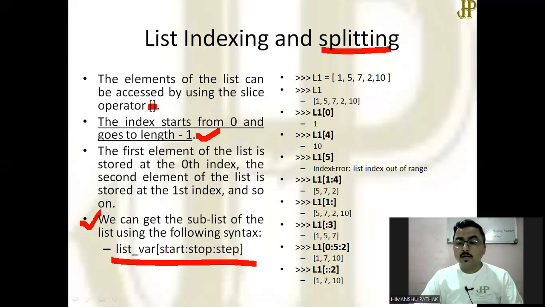Start is from where you have to start fetching the elements. Stop minus 1 means up to that element is going to be fetched. And at last, step is to be given. By default, the value is 1, which means it is incremented by 1 automatically. But if you want to give some other step like 2, then it will print the first element, then the third element, then the fifth element, and so on.